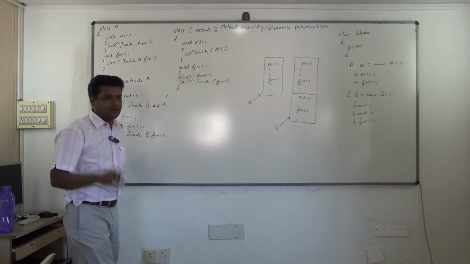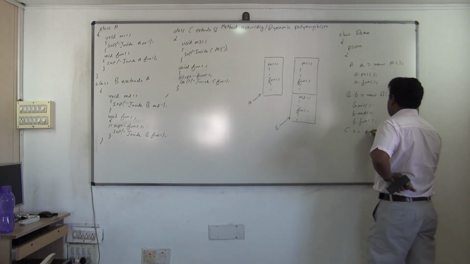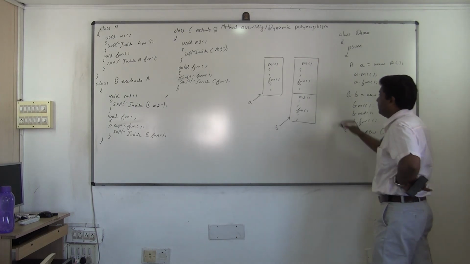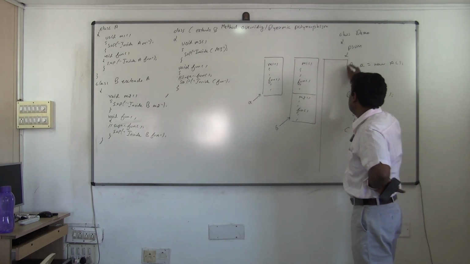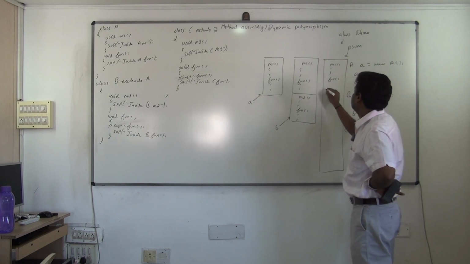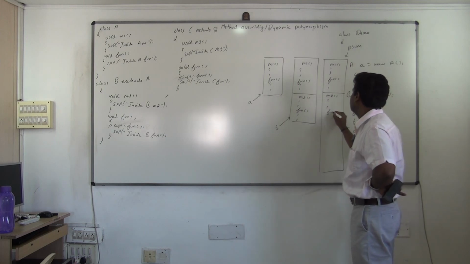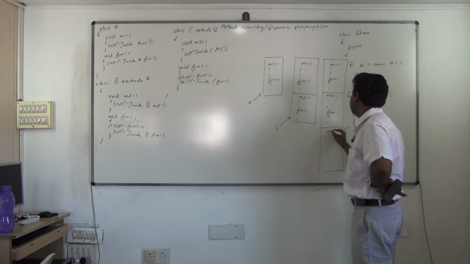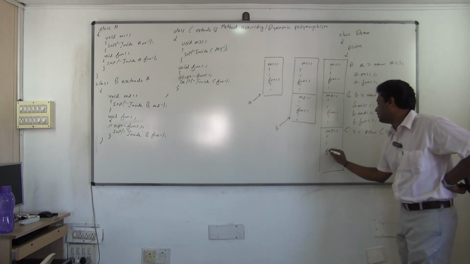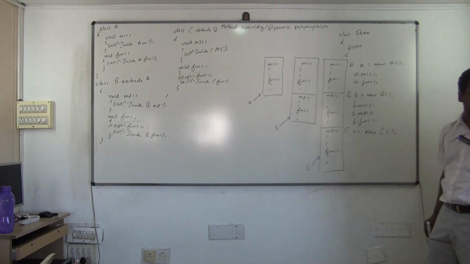We'll see super.fun later. First we'll see without super.fun. See, C is equal to new C. Which object gets created? C object. What are the members of C? M1, fun, then M2, then fun, then M3, then fun. This is the C object. Like this you can create any object.